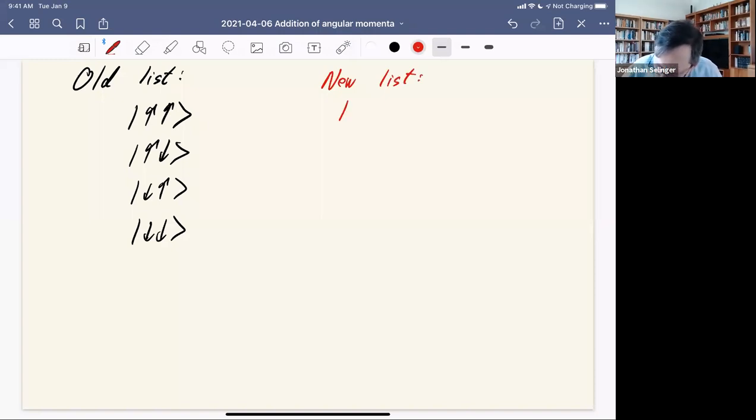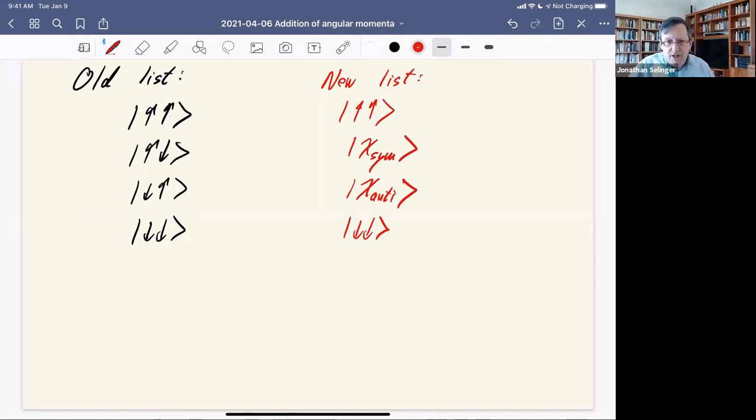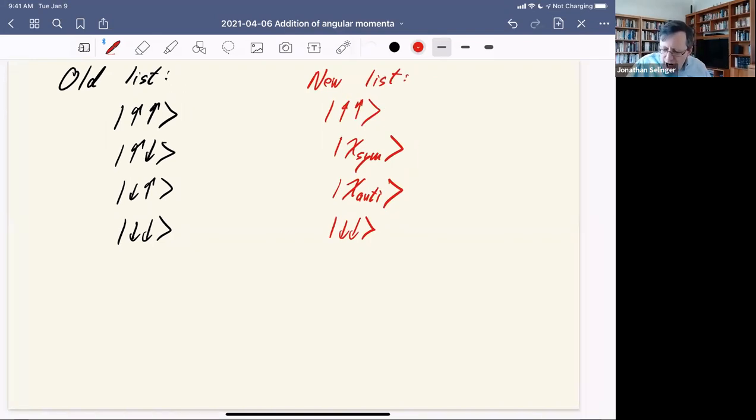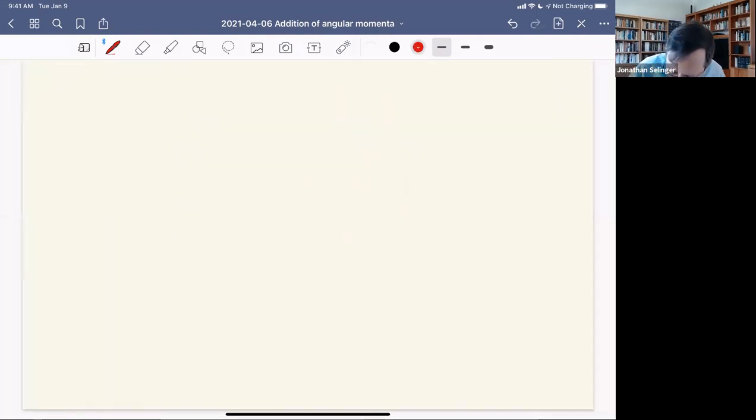In the new list, it's still up up and down down, but instead of those other things, I'll replace them by the linear combinations, chi-symmetric and chi-antisymmetric. And now I'm going to recopy the new list, but arrange it differently.